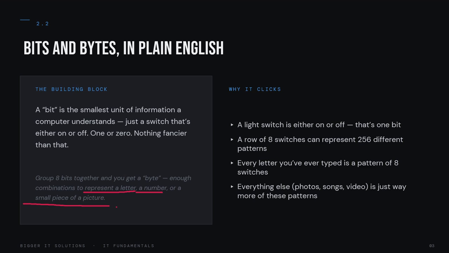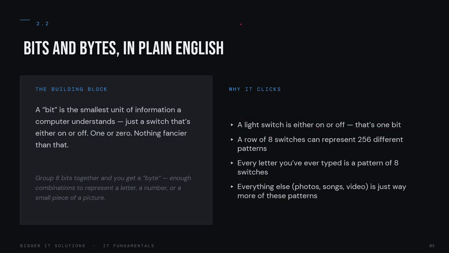So step back from that just for a second. Think about what I just said again. This represents a letter or a number or a piece of something, a piece of a picture, a piece of data. So quite literally, this letter A right here is a byte. The letter L, the letter I, this letter S, this letter F, each one of these letters is a byte.